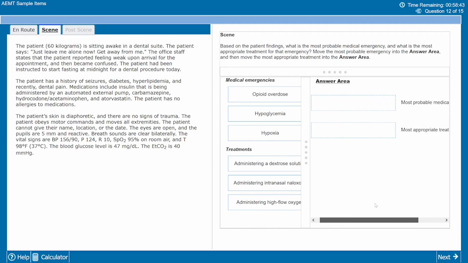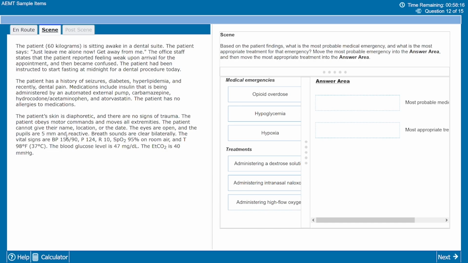So from what I'm suspecting from this patient, I can see that I have either opioid overdose, hypoglycemia, or hypoxia. Now, right off the bat, I know that the patient's satting fine, their EtCO2 is fine, so I'm not worried about hypoxia. If you know about pupil sizes, which hopefully after this you'll have a fairly good understanding of, you'll know that it's not an opioid overdose, even though they take hydrocodone, so you could suspect it.